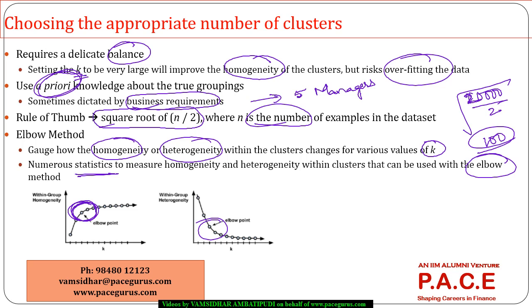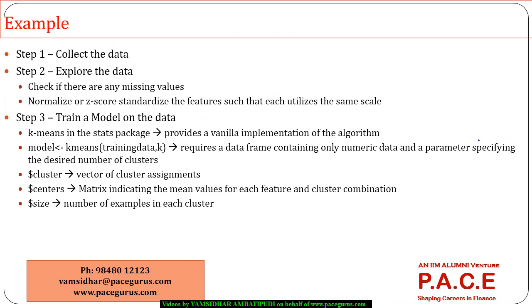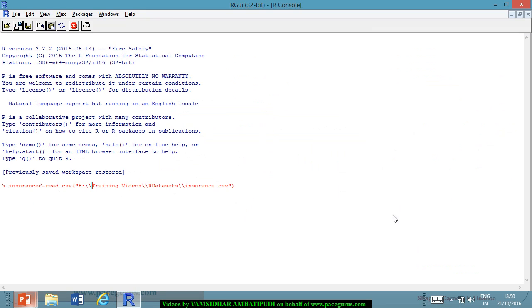All right, now let's look at an example to find the natural grouping among the data. I'll use the same insurance data that we have used for a lot of prediction algorithms. I'm reading that same insurance.csv file.